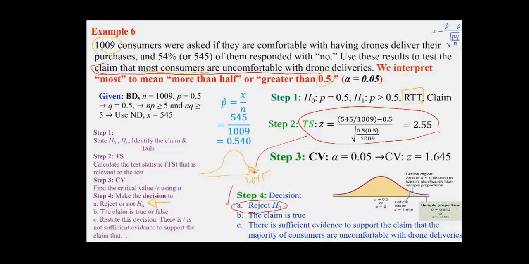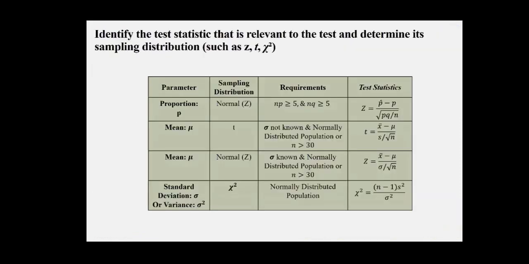In this case, when we do the test of hypothesis, when we want to calculate the test statistic, it depends on what we are dealing with. Proportion, mu, sigma, or sigma squared. So we use this column known as test statistic. All of them are available to you.